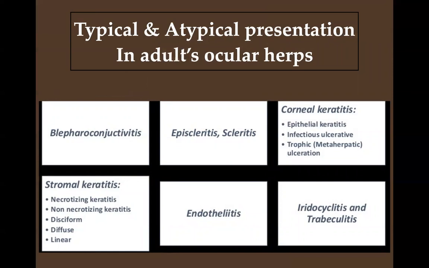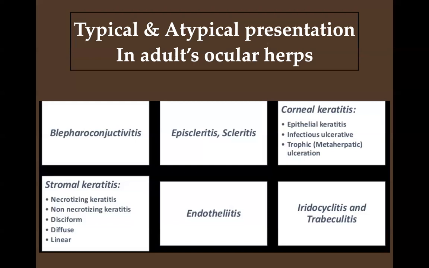Typical and atypical presentations of adult ocular herpes are commonly the secondary infection, not the primary infection. There is peripheral conjunctivitis, which may be in the primary or the secondary infection, with vesicles and pustules on the skin of the eyelids, also conjunctivitis with or without keratitis.